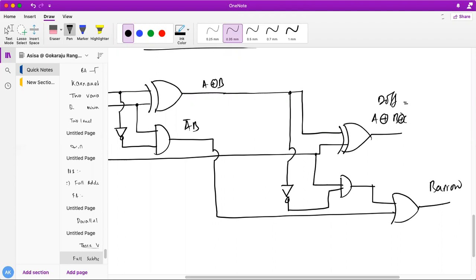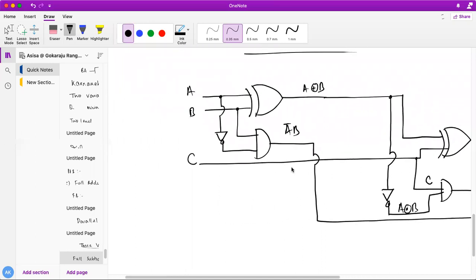Okay, so see here what I am doing over here. Very simple. So what is the equation over here? This is my A XOR B bar, which is nothing else, A XOR B, which is ANDed with C. So this is my C. Am I correct?